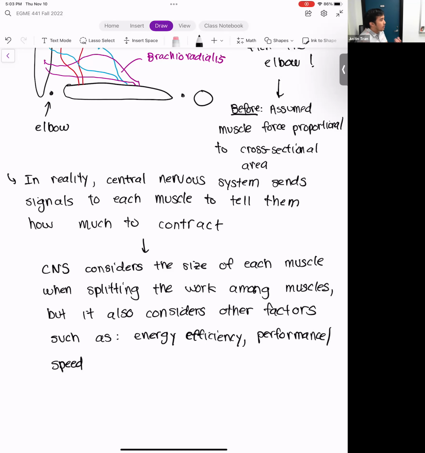If you're working on a prey animal, like a bunny or something like that, sometimes they're being chased by a predator, and so their nervous system is telling them, we need to haul out of here, otherwise that wolf is going to eat us. And so in those situations, you're not thinking about energy efficiency. You're just trying to move as fast as you can. Okay, and so it's a very dynamic thing, and so every situation is different. And so depending on the situation, your central nervous system may tell certain muscles to act in a certain way. Okay.